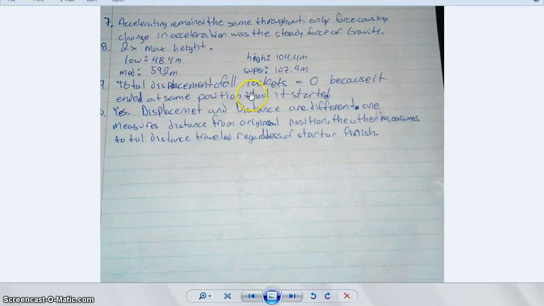because one's asking for displacement, the other one's asking for total distance, and they're different, because one is all the distances added up, well, I guess the absolute value of all the distances added up, so negatives don't really come into play, so you don't subtract anything, you just add everything. And then displacement is just like we said, it starts here, comes up, and then comes back here, so it's 0.